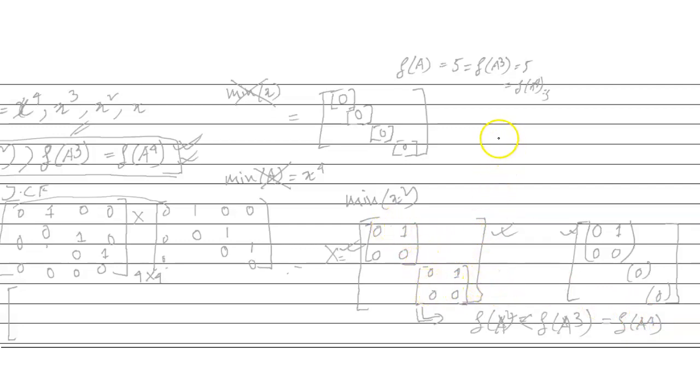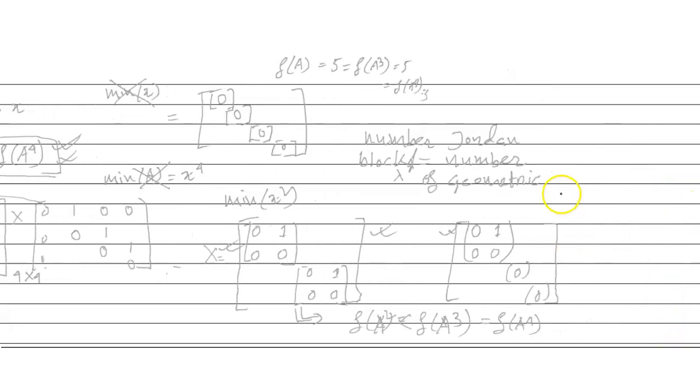2 means that the number of Jordan blocks of lambda is equal to the number of geometric multiplicities.